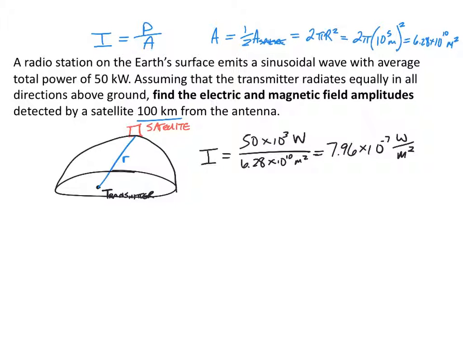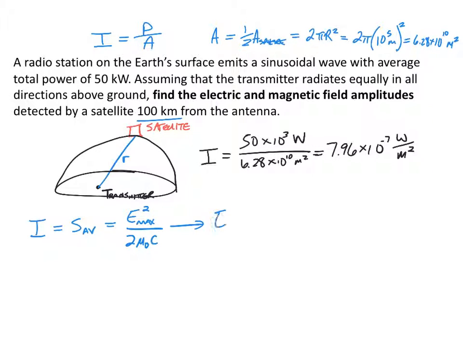Well, if we're going to get to the amplitudes of the fields, then we need to recall that intensity is the average of the Poynting vector, which has the form, if we think back to the other day, of the electric field squared over 2 mu naught c, where mu naught is the magnetic permeability constant and c is the speed of light.